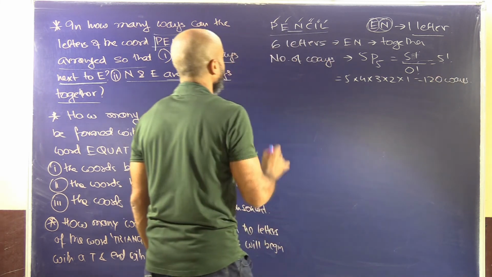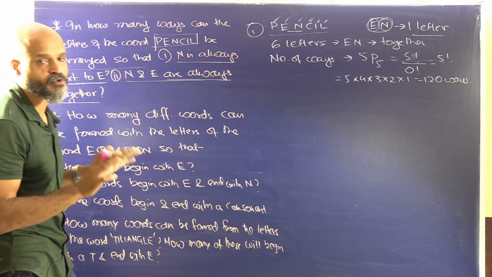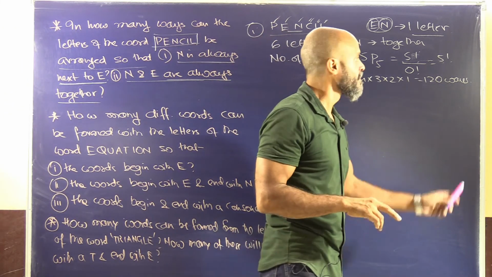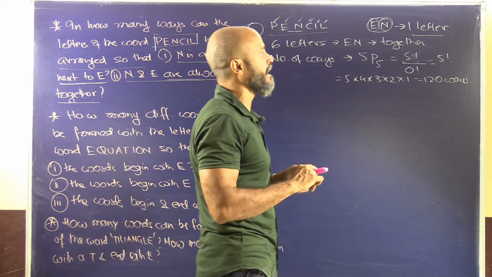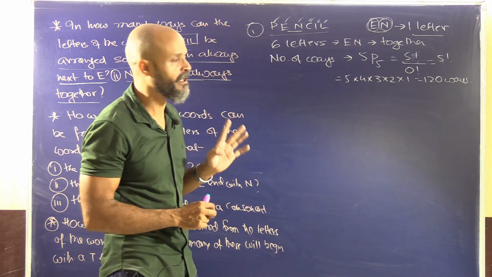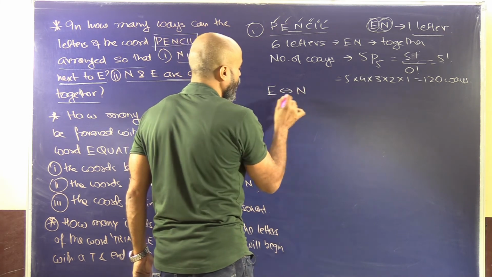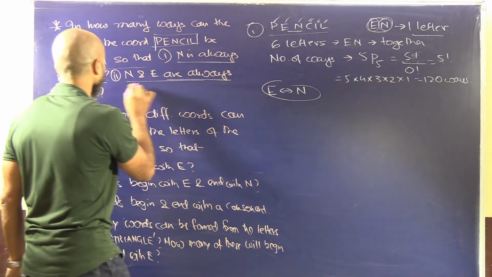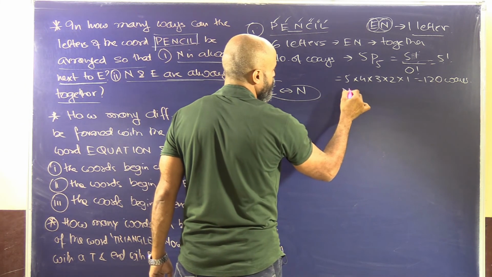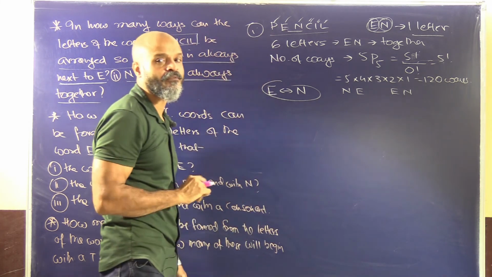Okay, so let's look at the second case here, in which n and e are always together. Now let's understand this. With n always next to e, there is just one arrangement that is possible. Now if e and n are always together, that means there are 2 arrangements possible within them, that is ne and en. So this can be done in factorial 2 ways.